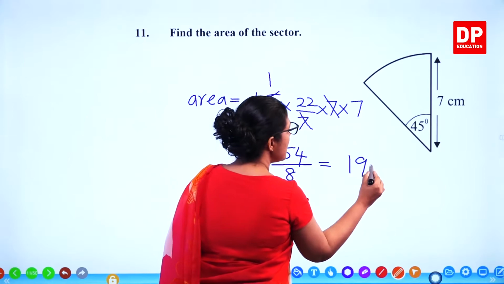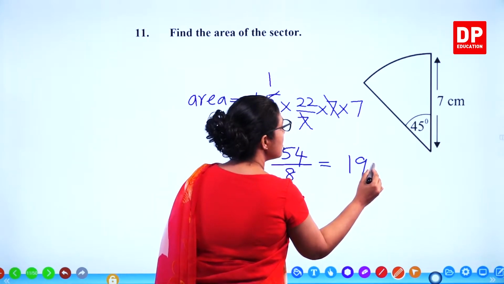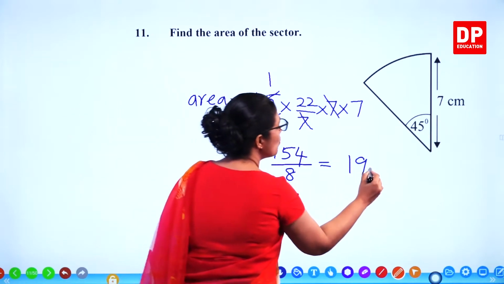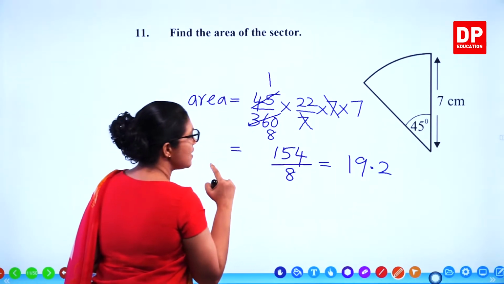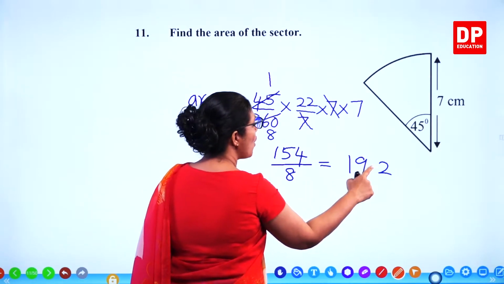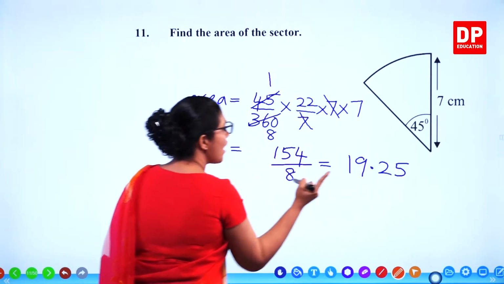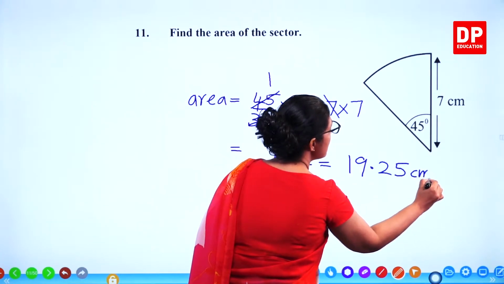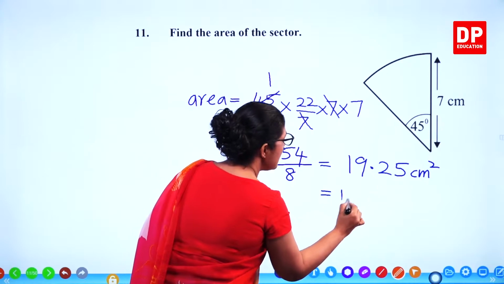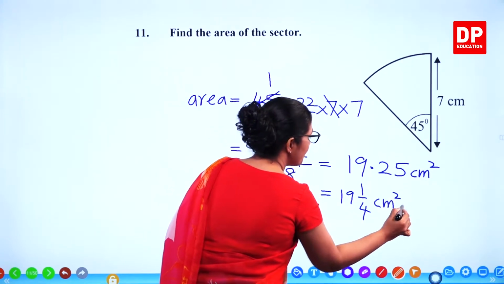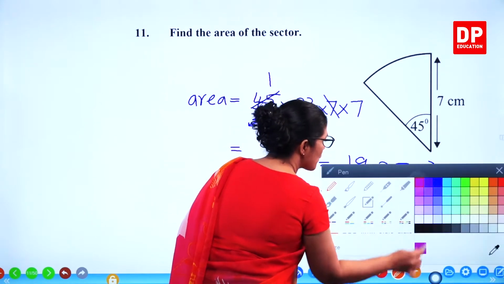For 20, so that's 8 times 2, 16 and 5. So you get 4 remaining for 40. 8 times 5. So 19.25 square centimeters, or you can write 19 and 1/4 square centimeters. So you get 2 marks for that.